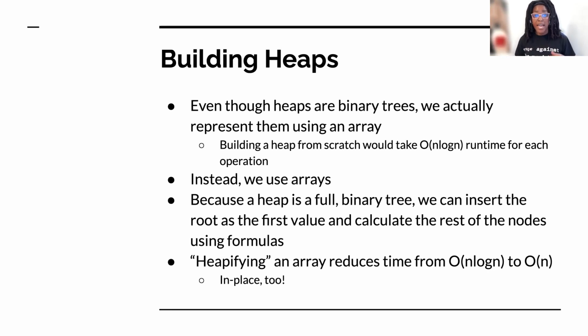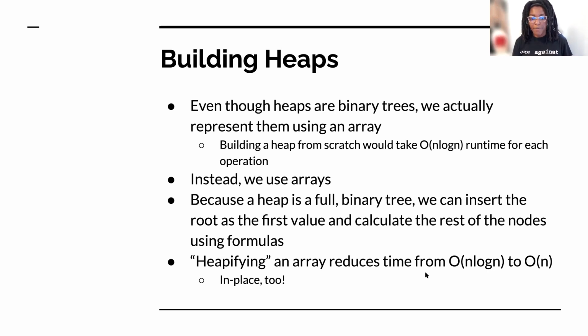Second, we know that the largest value, or the smallest value, is going to be the first spot in the array, or the first spot in the tree. So if we're using an array, we can just put it into the first spot, index 0, and then calculate where the children are going to be.